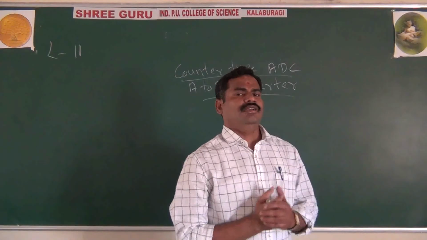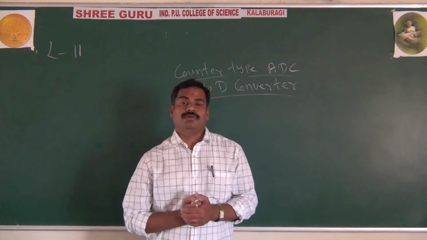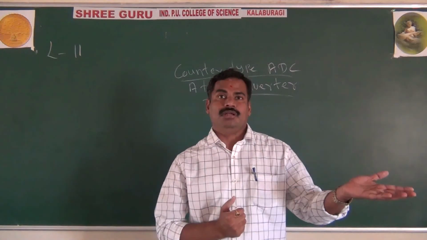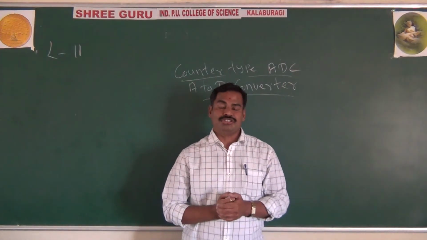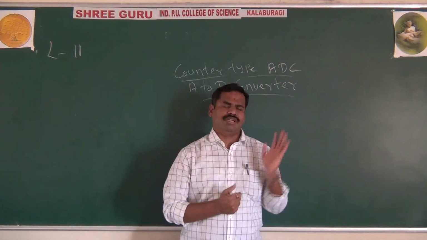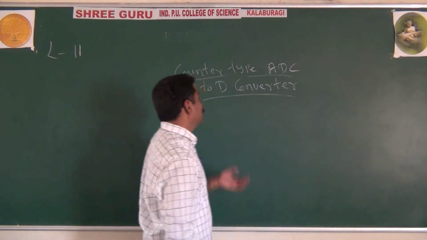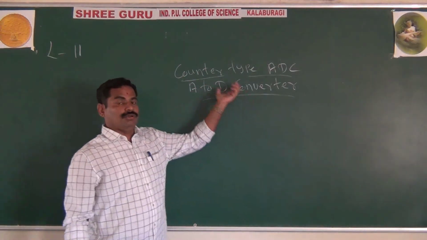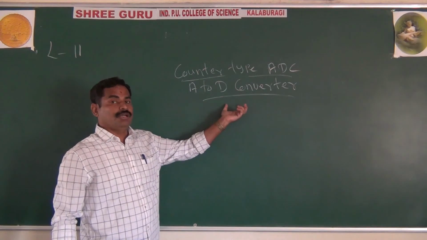There are so many methods for converting a digital signal to analog. There are two methods. One is the R-2R ladder network. Another one is called the binary weighted resistor type. Here we also have so many types of A to D converter, but according to us we are considering the counter type of A to D converter.